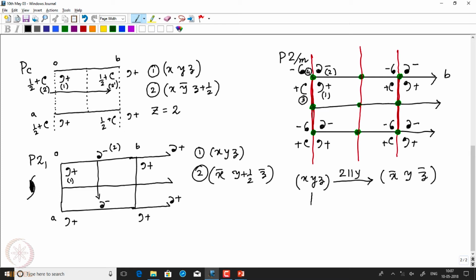Then we apply m perpendicular to y on the point number 1, and we get x, y bar, z, and then either we apply mirror on point number 2 or a twofold on point number 3. We end up getting x bar, y bar, z bar.